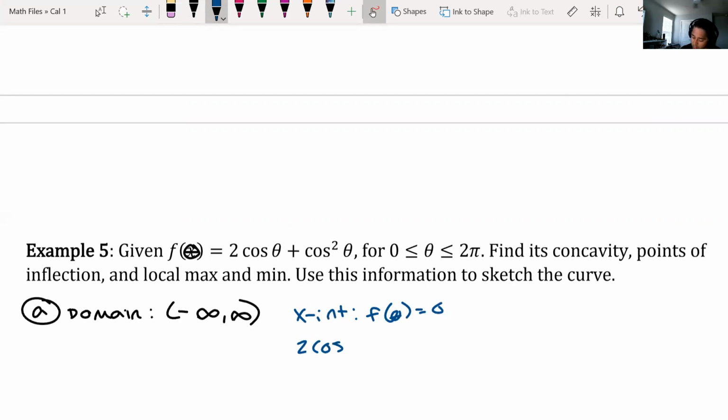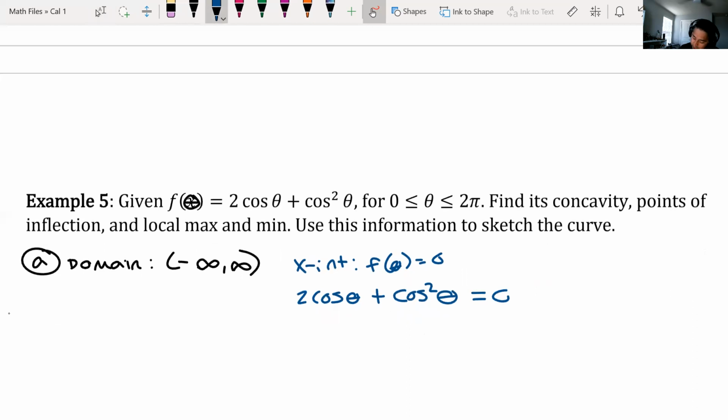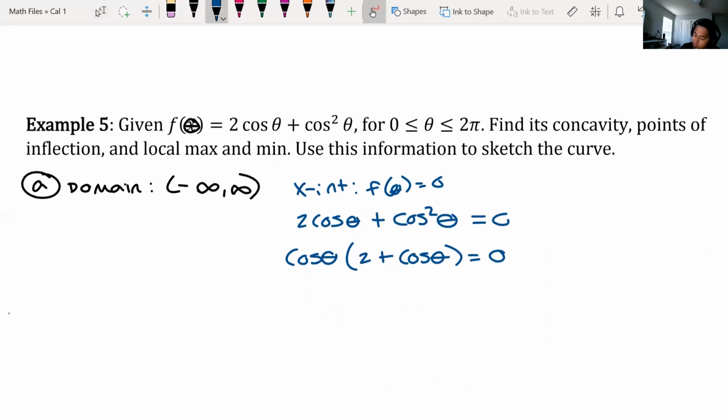And you have 2 cosine theta plus cosine squared theta equal to 0. What could you factor out here? Take out cosine theta. That leaves you with 2 plus cosine theta equal to 0. Okay. Set both of these equal to 0, and you'll get cosine theta equals 0 and cosine theta equals -2.